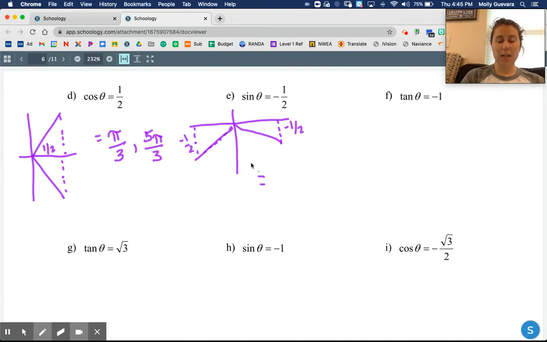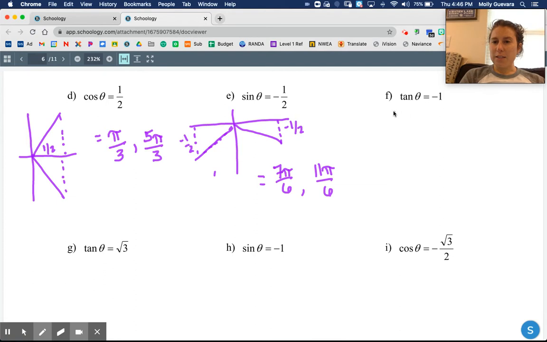So again, thinking about what those coordinates are, this is 6 pi over 6, so this one right here is 7 pi over 6. And then if I keep going, I have 8 pi over 6, 9 pi over 6, 10 pi over 6, 11 pi over 6. That's what I'm looking for there.